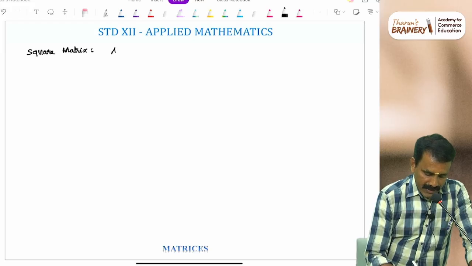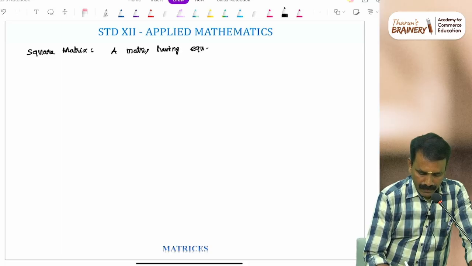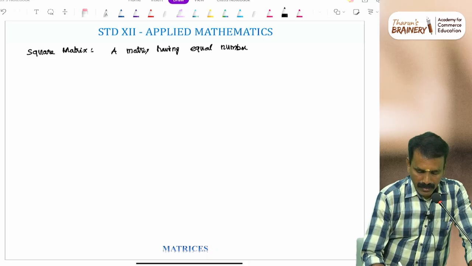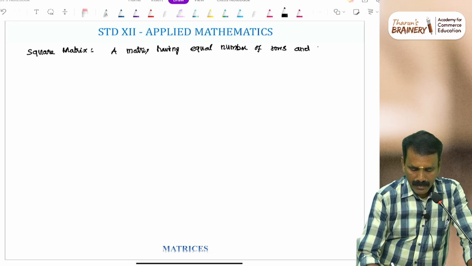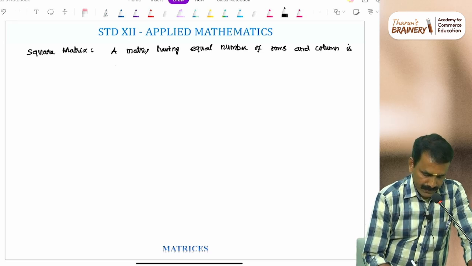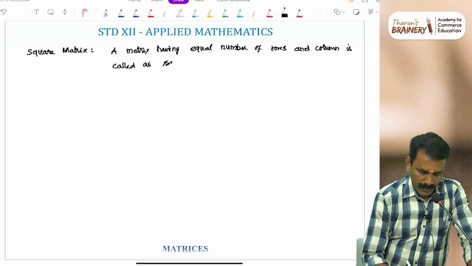A matrix having an equal number of rows and columns is called a square matrix.